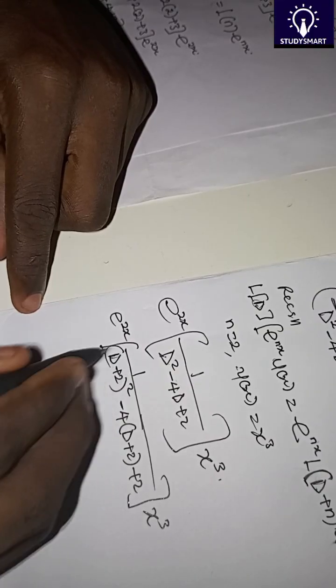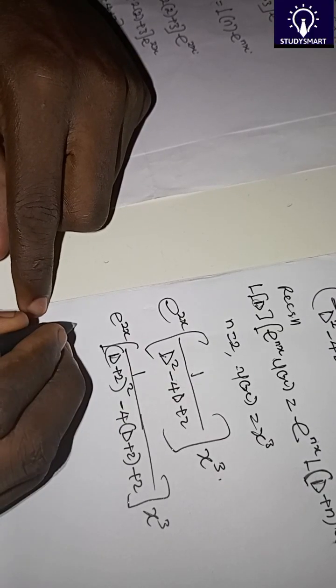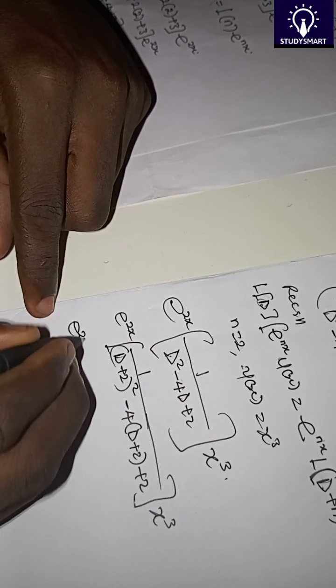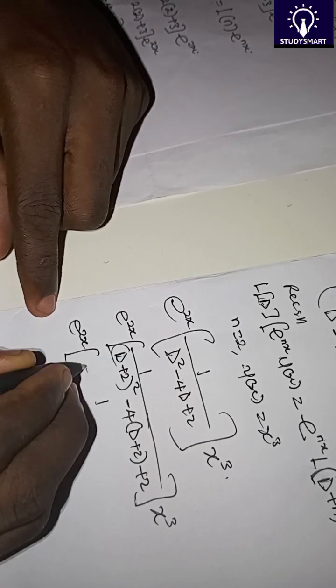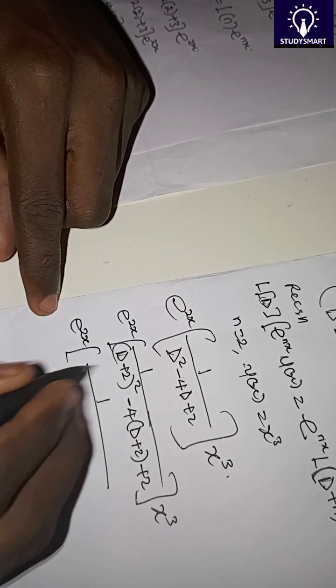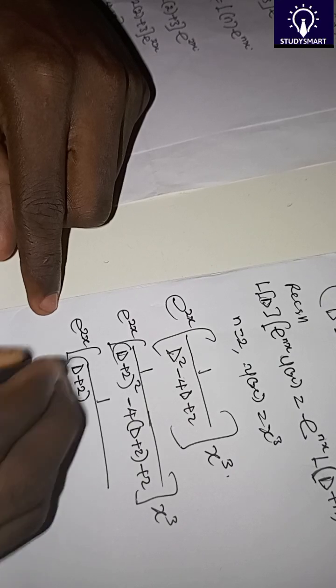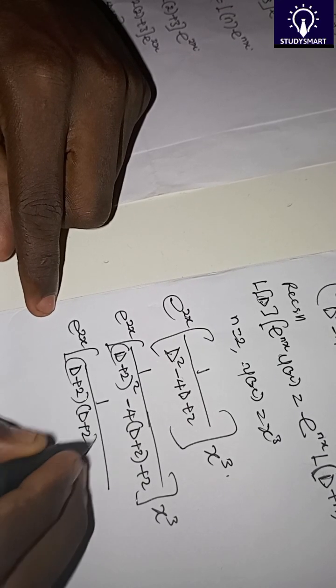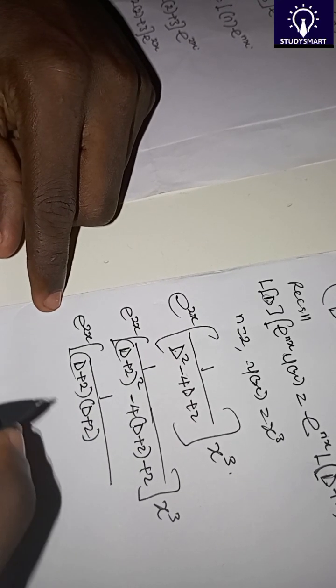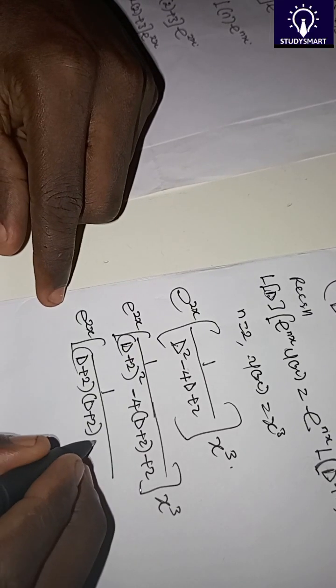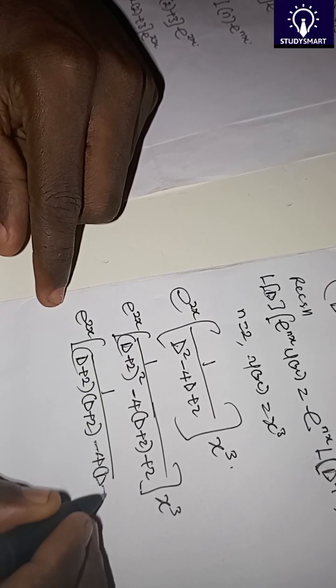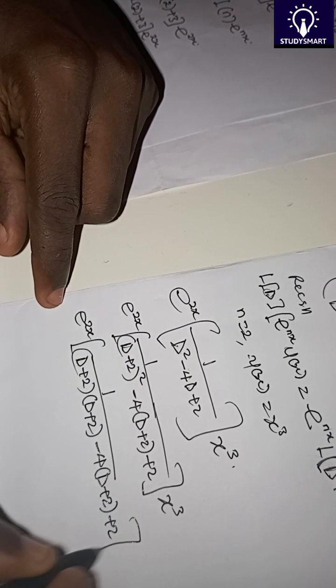At this point, I'm going to open up this bracket here. I'm going to obtain exponential 2x into 1 over D plus 2 and D plus 2, because it is appearing twice at this point, then minus 4 into D plus 2, then plus 2.